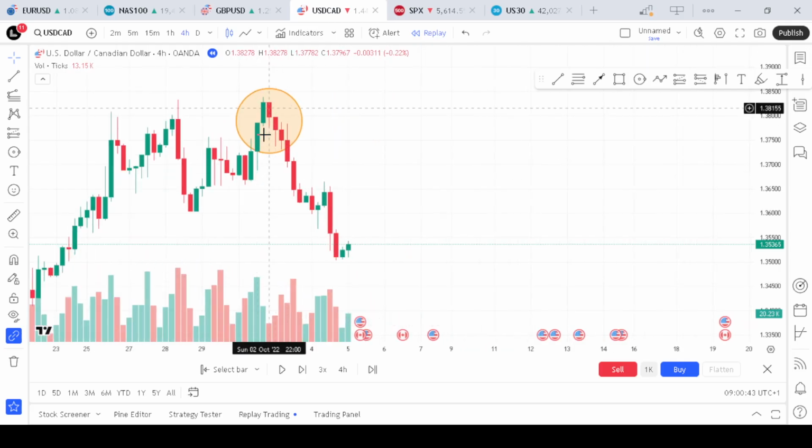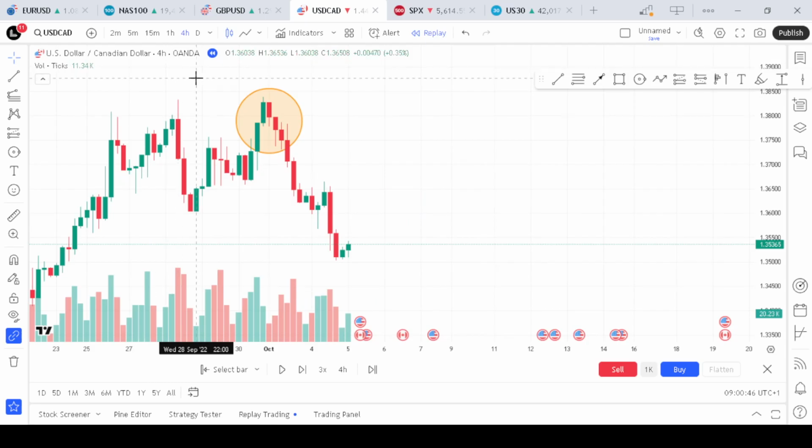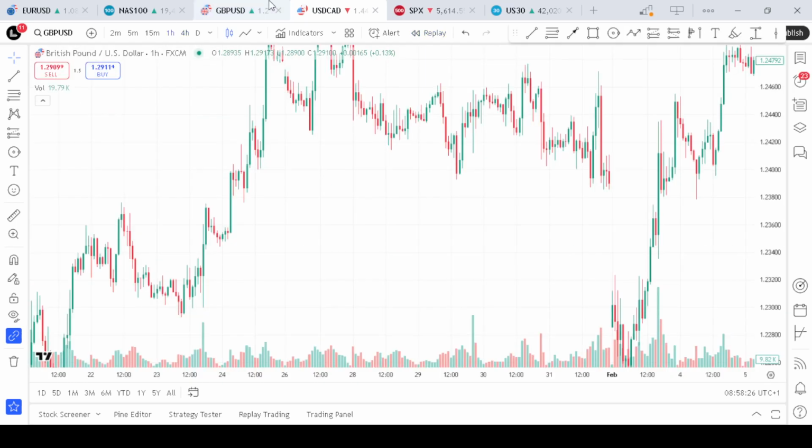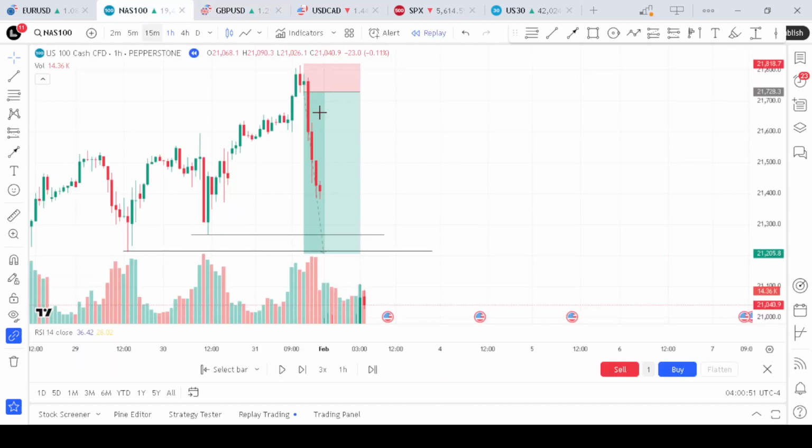So before we take this trade, we need to see increasing volume on our volume indicator. As we can see in this area, we can see increasing volume, signifying that there is going to be a strong reversal at this area of our chart.